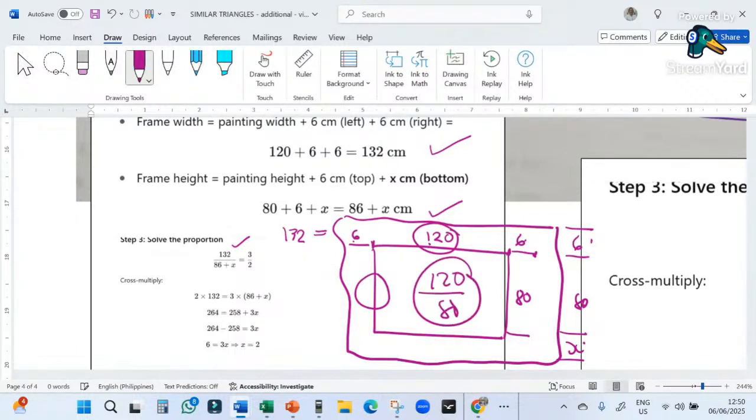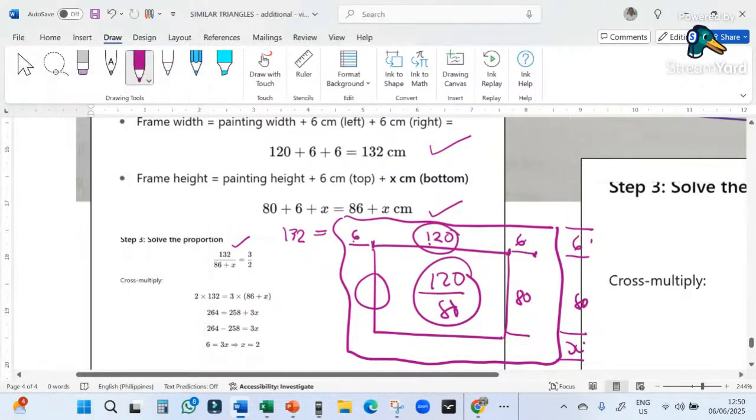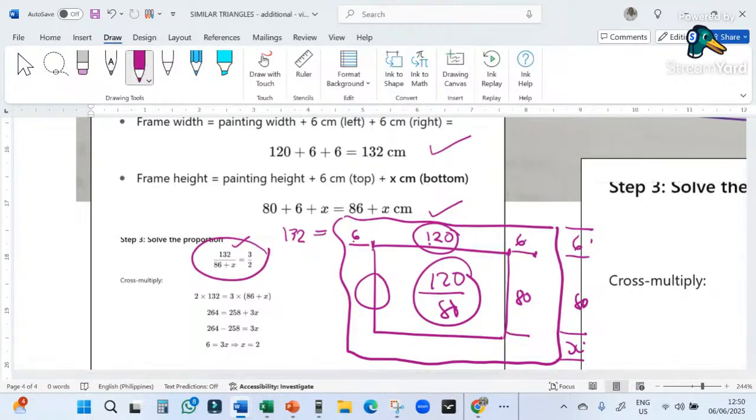Okay, length over width. And then the big one is 132 over 86 plus X. So 120 over 80 is 3 halves. That is the simplification, 120 over 80. There, okay? And then having this equation, you can now cross multiply.